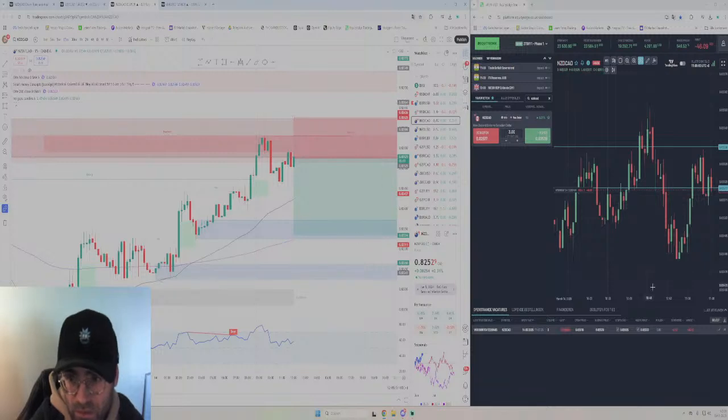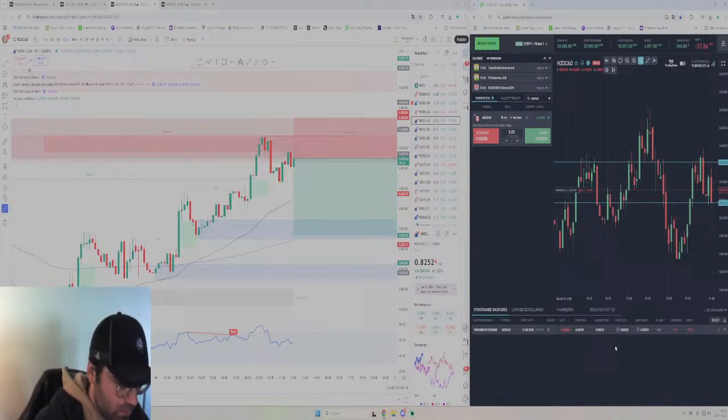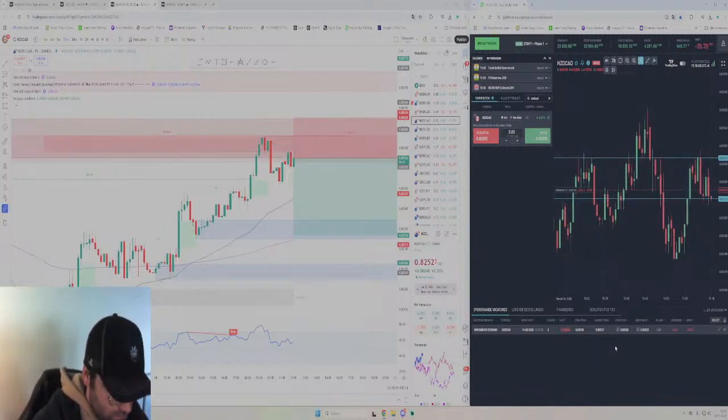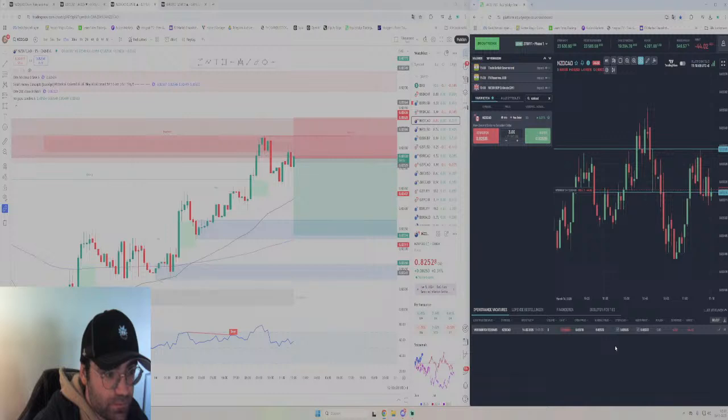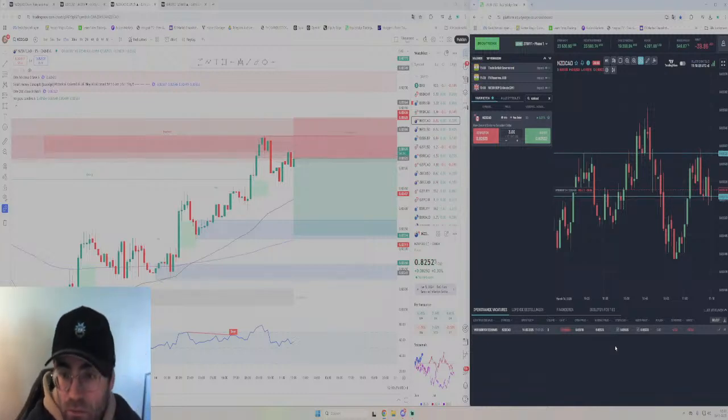Let's see, with 3 lots I'm risking 2.5%, so 200, so I should be going for 1 lot on this one. Let's go for 1 lot. Is the spread also this bad here? It's a little bit better, but still not good. Alright, we're in with both accounts.